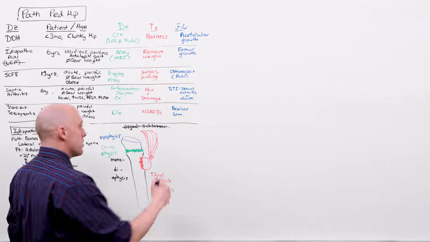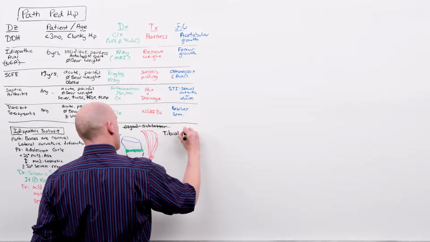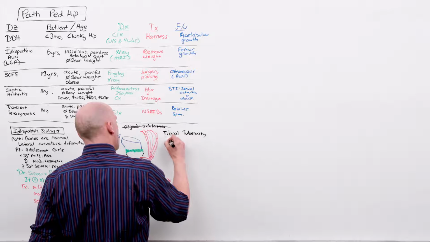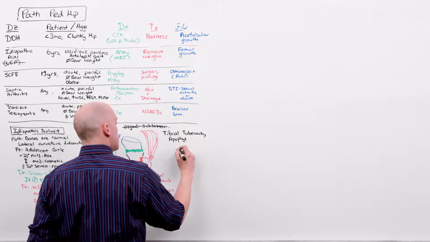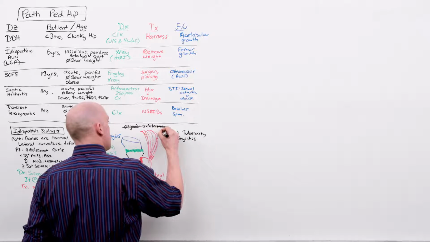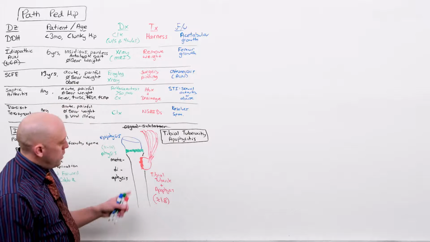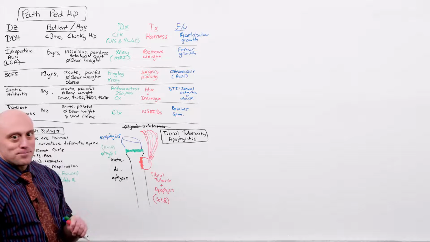Osgood-Schlatter's disease is actually named tibial tuberosity apophysitis. Inflammation of the apophysis of the tibial tubercle.